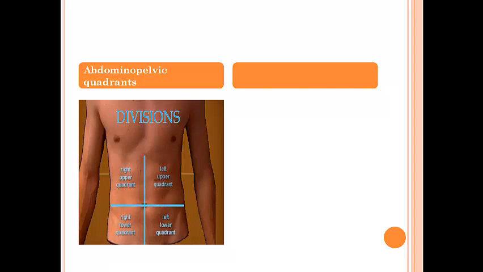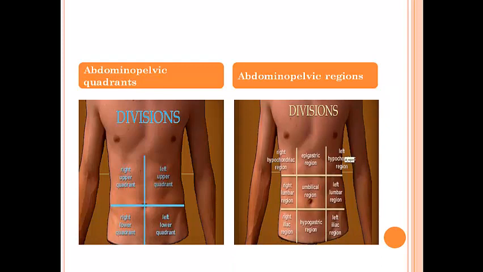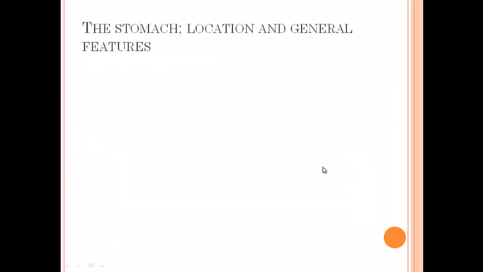The other division is what we call abdominopelvic regions, and this is where the abdomen is divided into nine subdivisions. Okay, so with this lecture and with the next one as well, which is the anatomy of the duodenum, I'm going to specify the location of the organ in both divisions. So I'm going to give you the location of the organs in this division and the location of the organ in this. So you're going to need to know both of them.